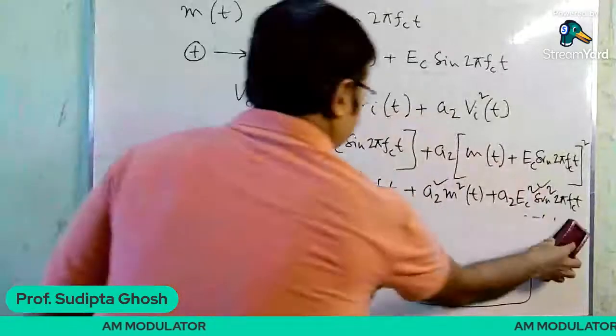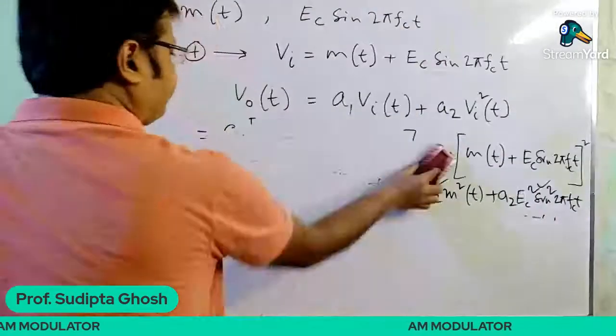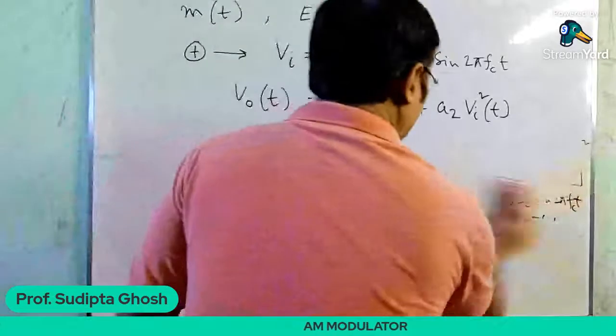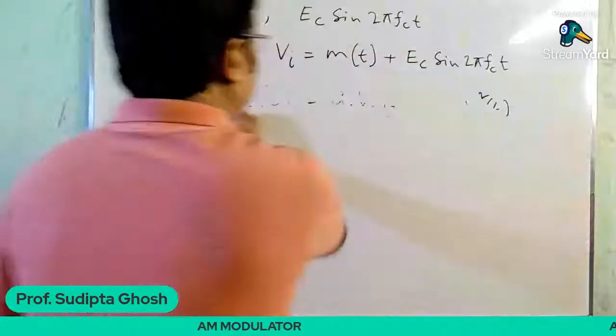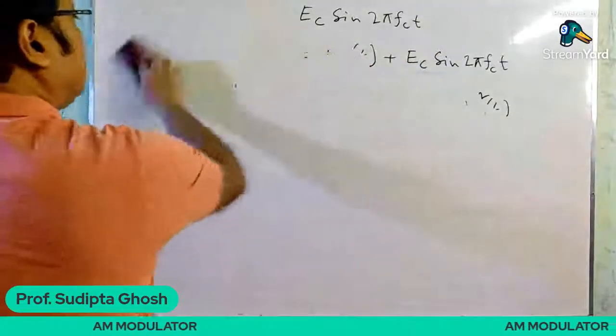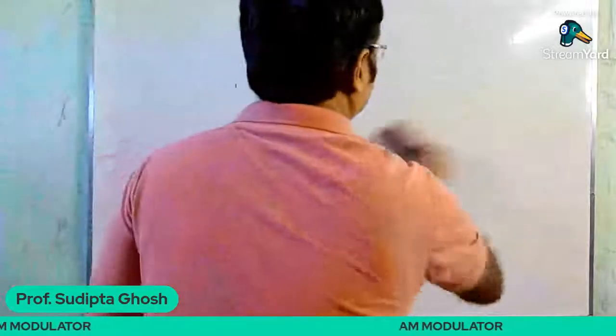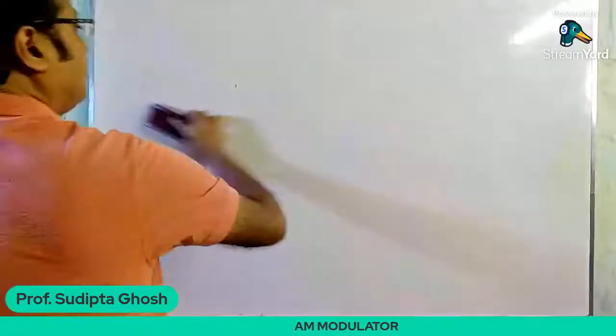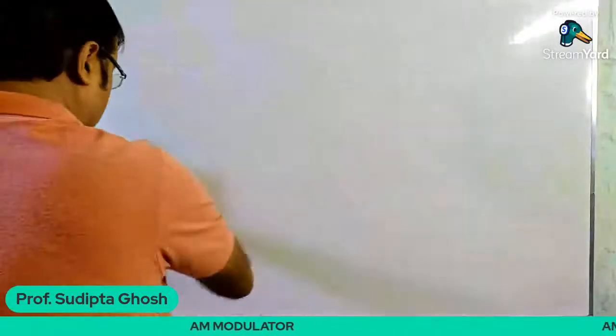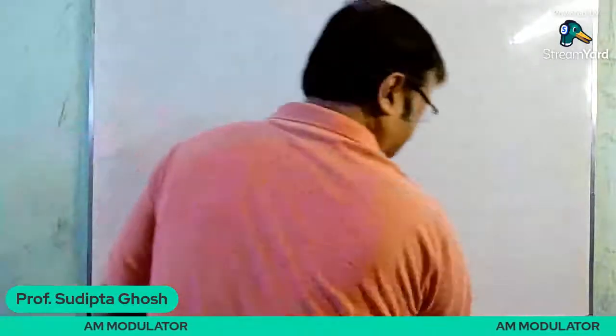This circuit is a more complex one, as we have already discussed the simplest modulator circuit. Now let's move on to a complex circuit, known as a balanced modulator circuit.